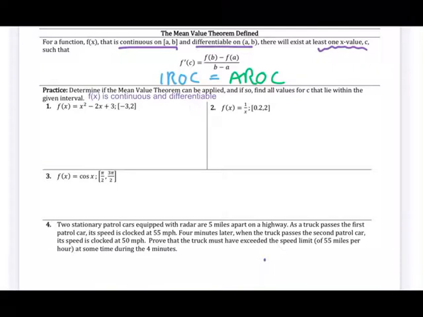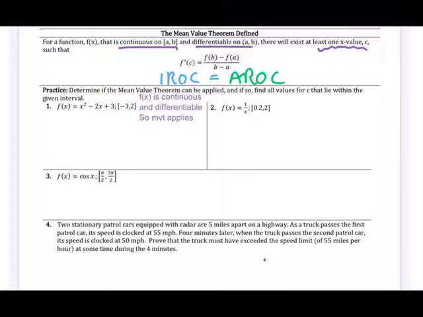So I'm just stating f of x is continuous and differentiable, therefore MVT applies. So since f of x is continuous and differentiable, we can use the mean value theorem. So you need to state continuous, you need to state differentiable, you need to say, so MVT applies. Let's make that a little bit more readable.